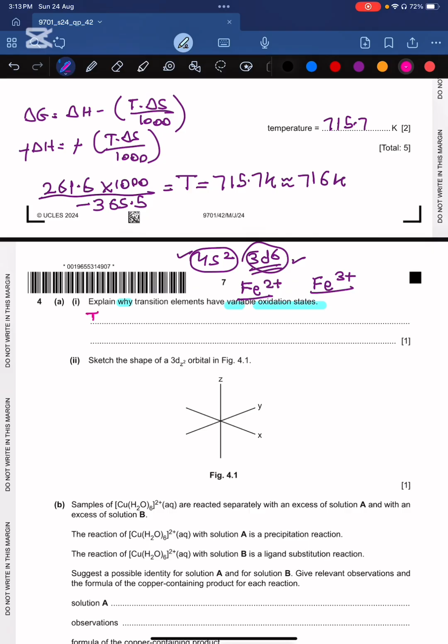So we will say that this is because the 3d and 4s subshells have similar energies.